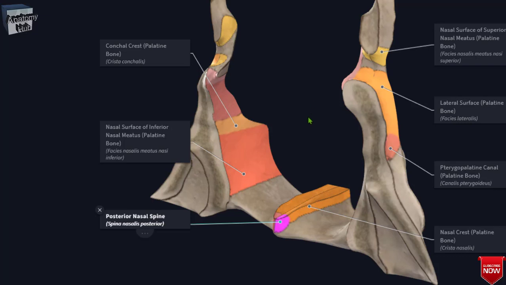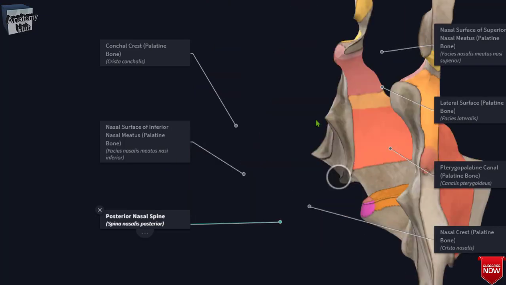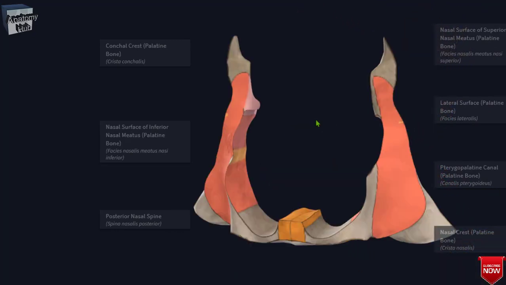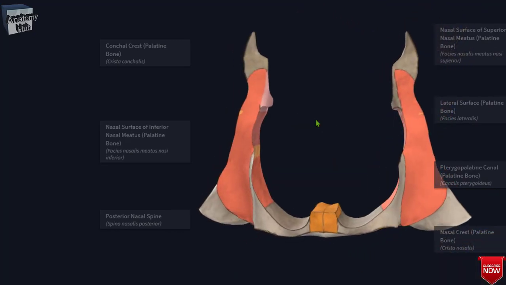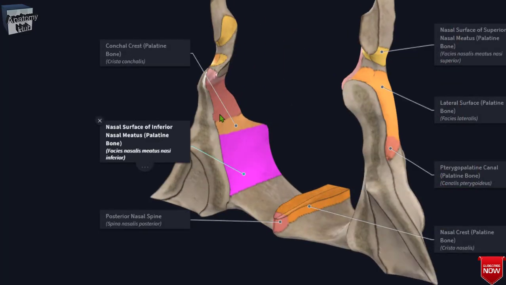The palatine bone is surrounded by the maxilla anteriorly. This is the anterior view of this bone. It is a paired bone. Here you'll find the anterior border, which is articulated with the maxilla over here, and posteriorly it serves as the attachment to the velum and the palatine aponeurosis.